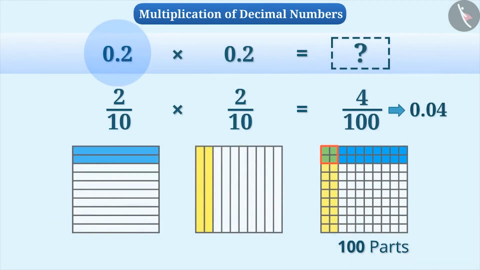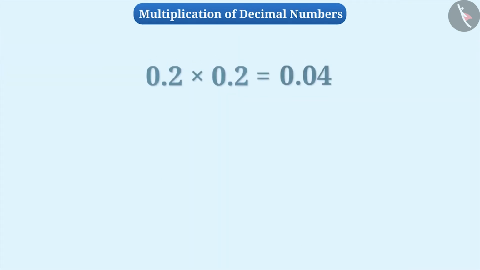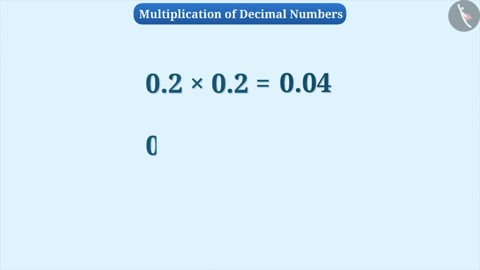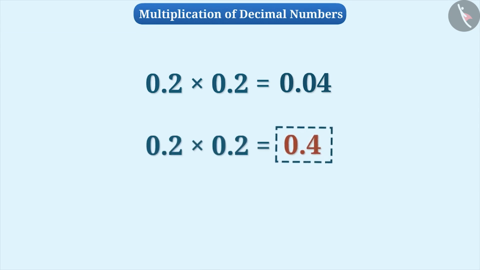Therefore, we can say that 0.2 multiplied by 0.2 equals 0.04. Now you must have understood that 0.2 multiplied by 0.2 is not 0.4, but it is 0.04.